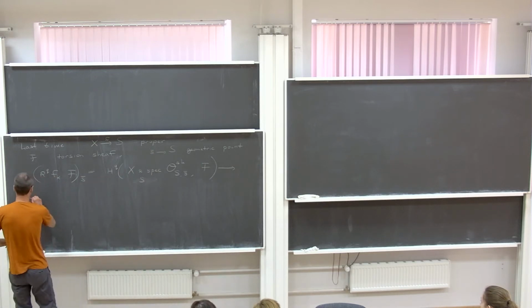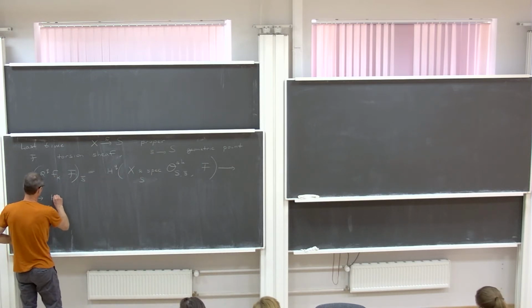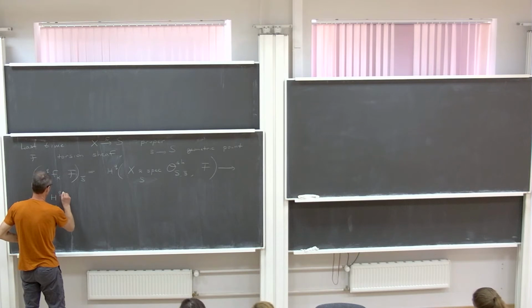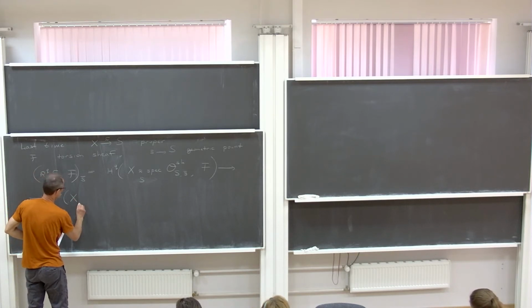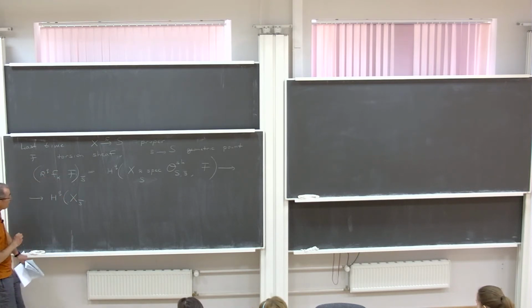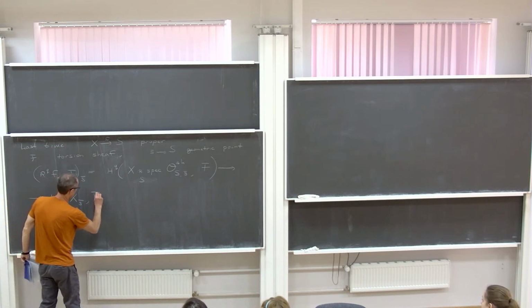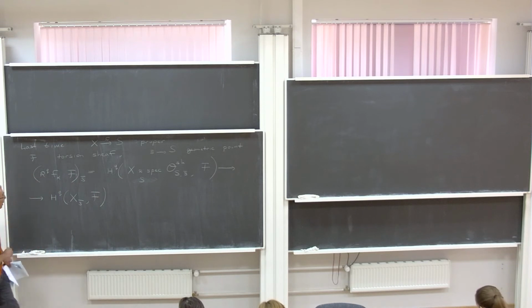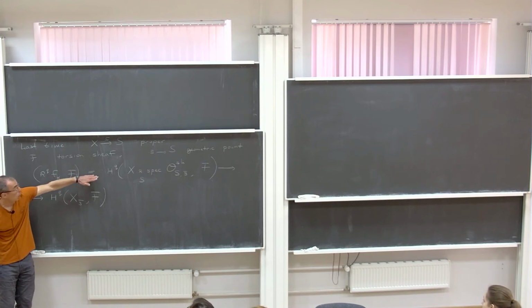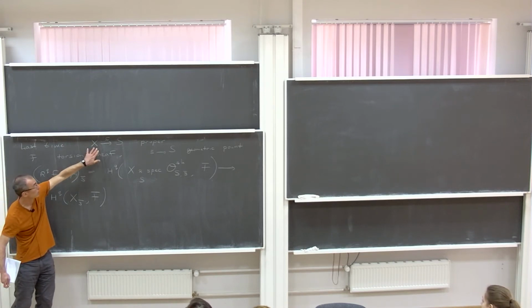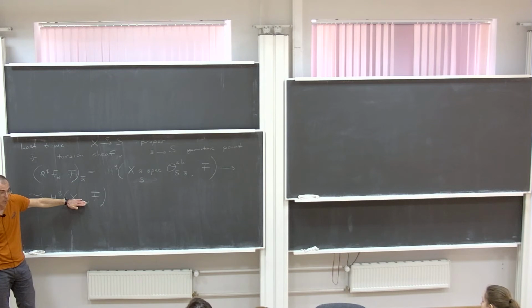So we have the restriction map to HQ of X S bar, where this is the fiber. And the main theorem from the last time was that this map is an isomorphism. So this is essentially always true under, again, reasonable assumptions on F, and this requires properness.